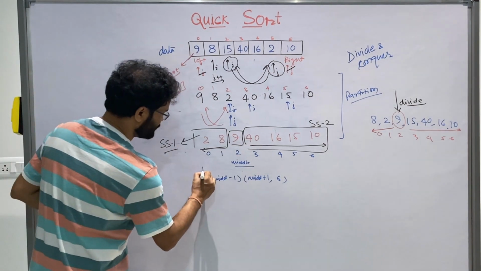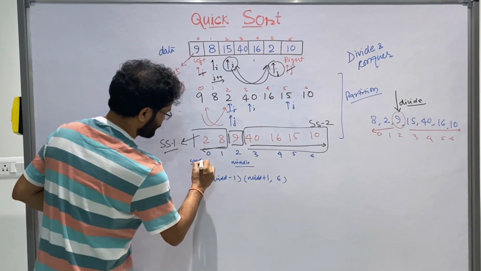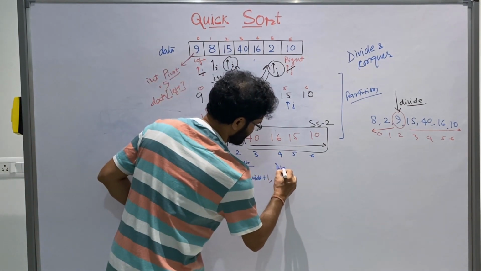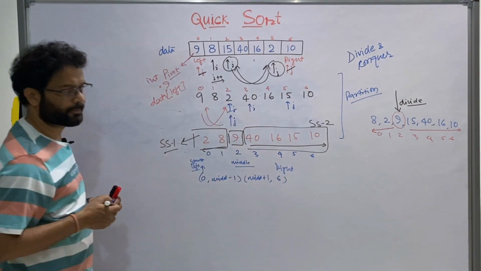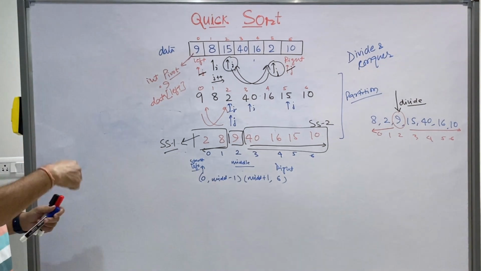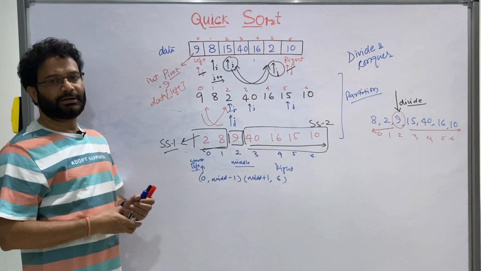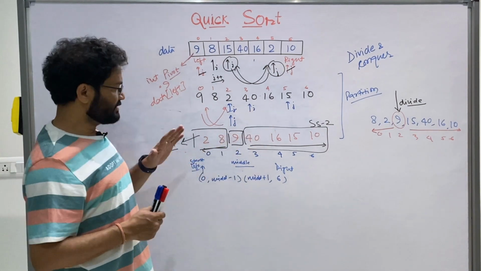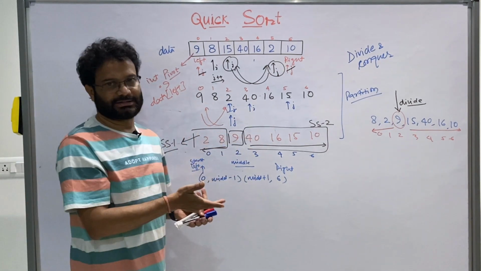If this 0 is your start or the left, whatever you say, and this is your right. And you will do the same operation recursively, and at some point you will get all the numbers sorted. So this is the main funda of how you do the partitioning, right?